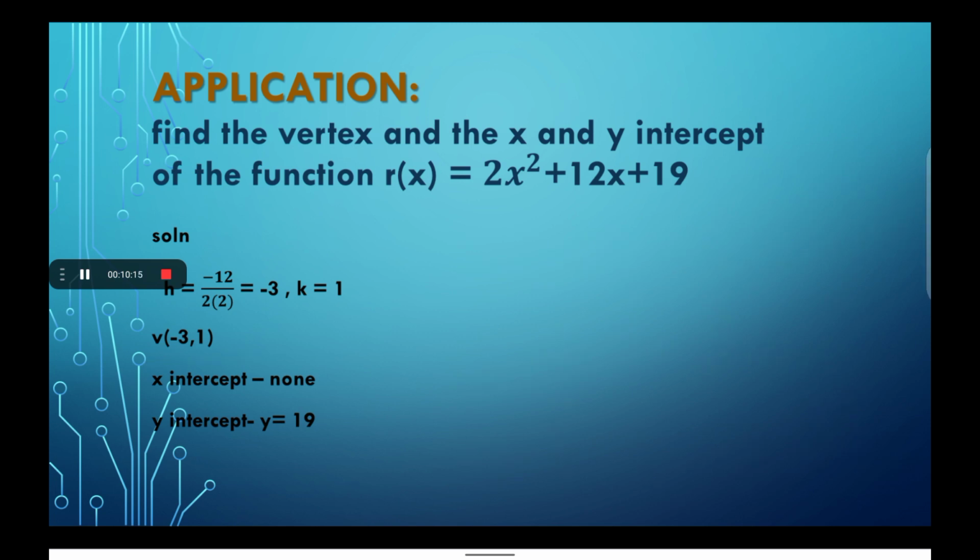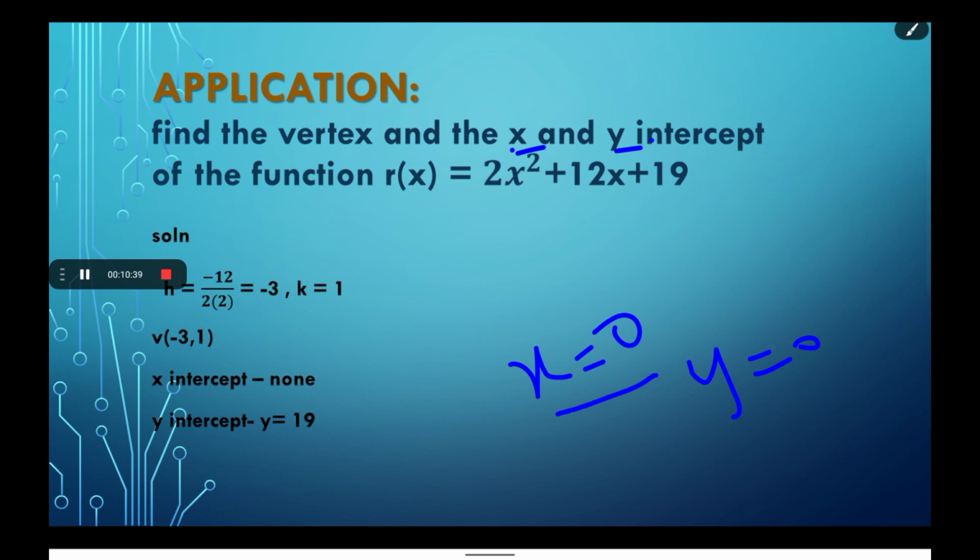I hope you all understand this. Then we need to identify the x and y intercepts. Intercept means the intersecting points. If y equals 0, we can identify the x-intercept.